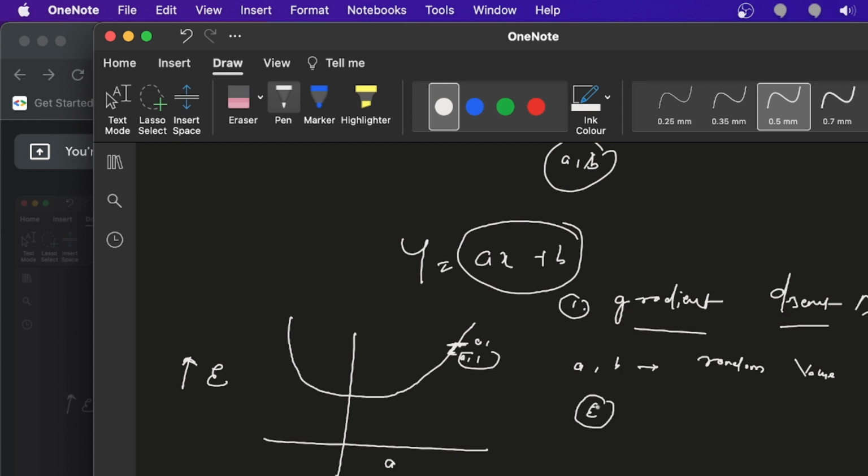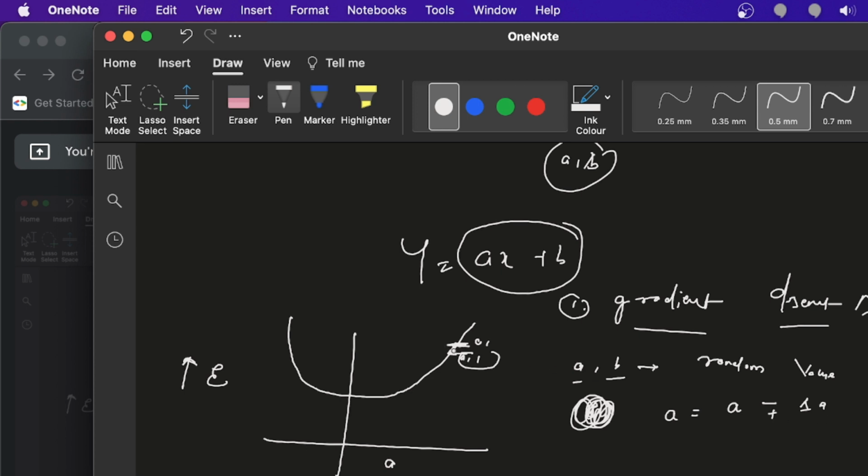Means first we predict the values of A and B randomly, and then we are changing the value of A by delta A, some positive or negative value.